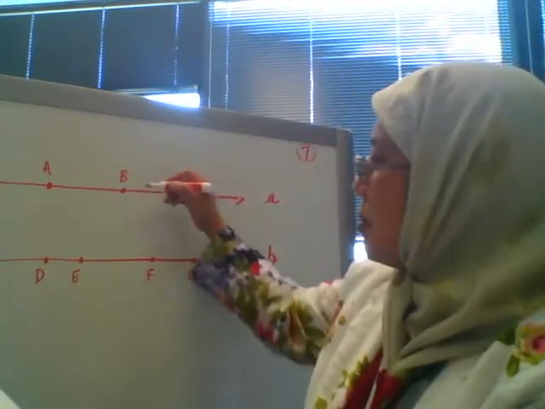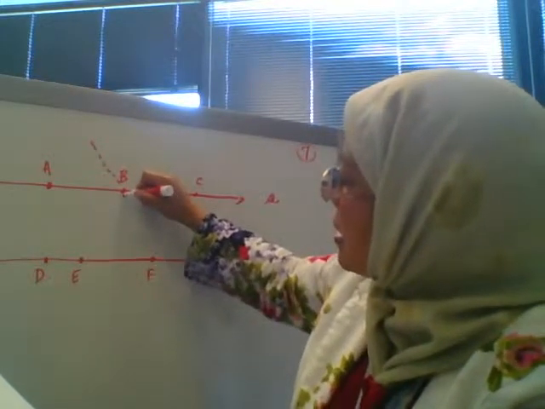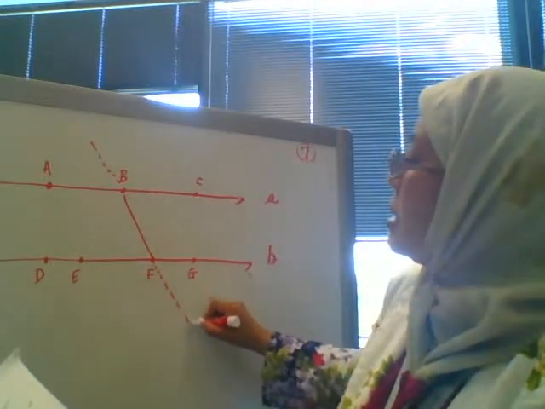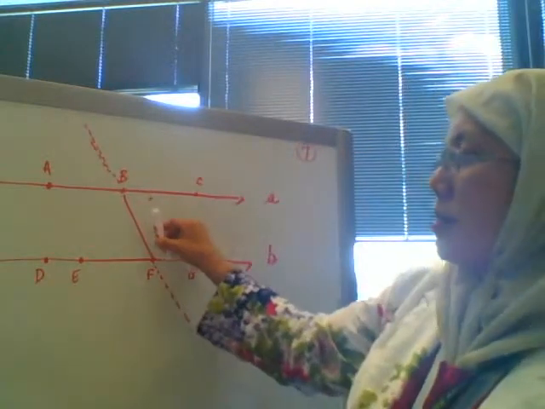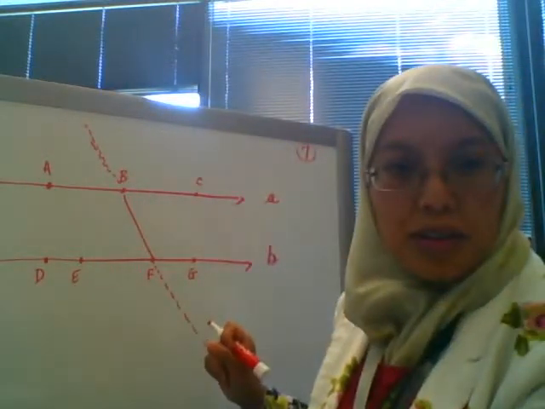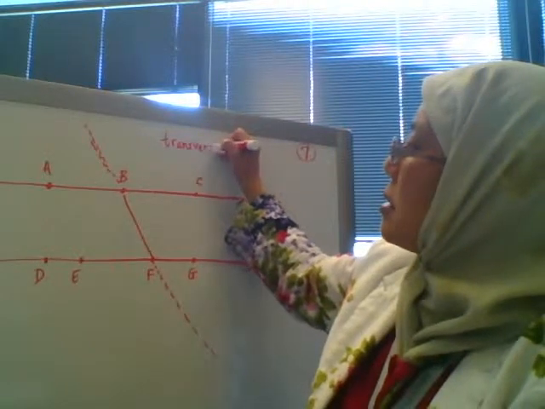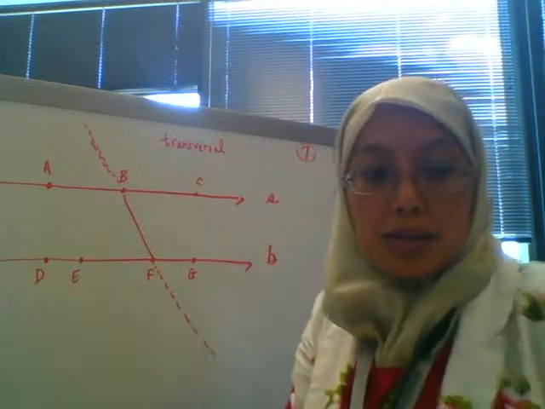It looks like a line segment, but technically we can extend it going down. We can just pretend it's there. When you have something passing through two parallel lines, that's called a transversal, and it helps us establish some relationships between the angles.